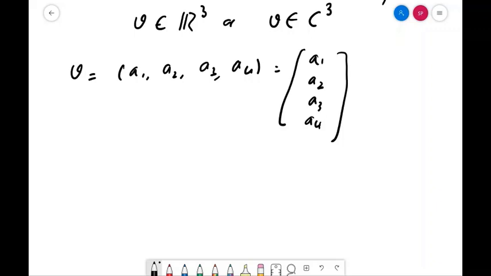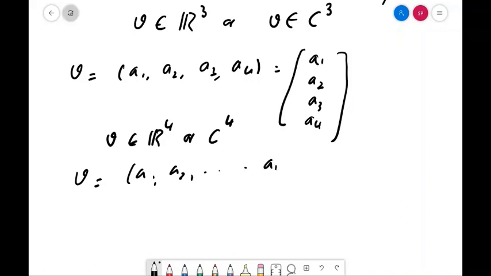Then we cannot visualize more than 3 dimensions. We cannot visualize, but algebraically we can assume it in an abstract way that there are 4 parameters. Then I'll say this is a vector in either R4 or C4. So like this, as we extend, we can say v = (a1, a2, and so on, an).